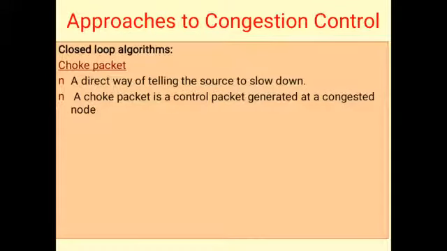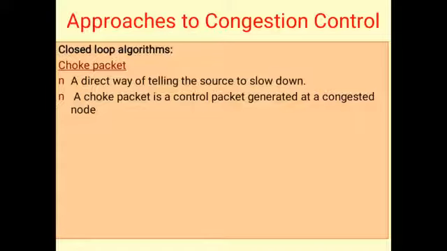Because n number of nodes are there, all the nodes do not have the same power. Some of the nodes are faster, some are slower. If the source node is faster and the receiver is slow, then congestion will automatically occur. So this control packet, this choke packet, is generated at the congested node. That means among those n nodes, congestion occurs at one of the nodes, and from that node the choke packet is generated.